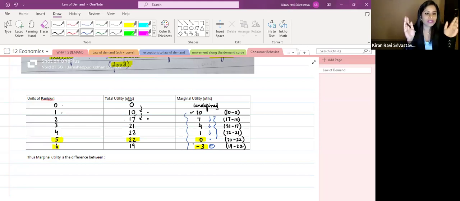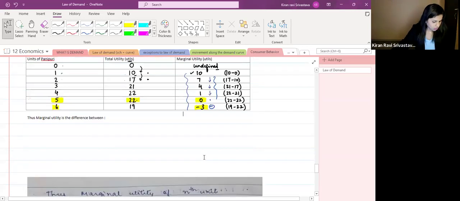No, he will stop. So here comes the first answer. There is a particular point where he will stop consuming, because the consumer behaves in a rational manner.